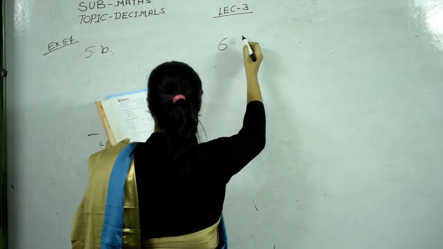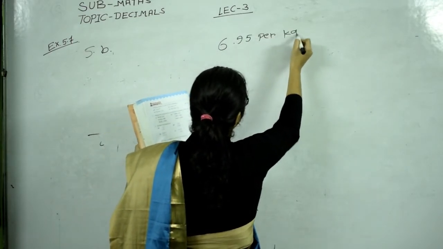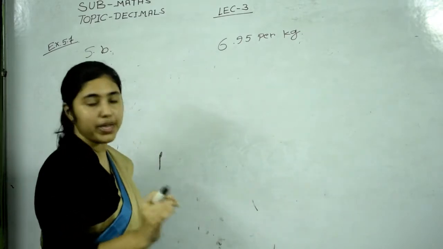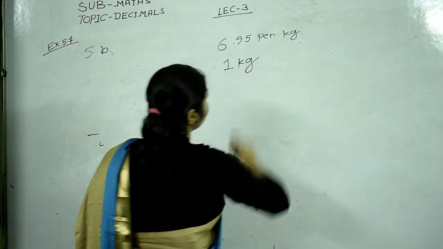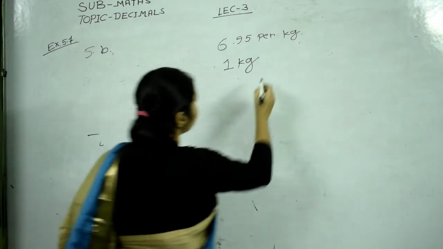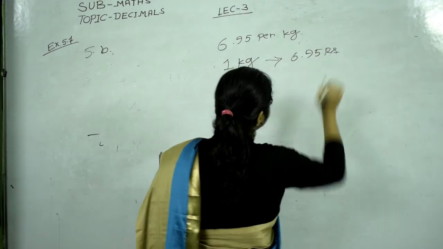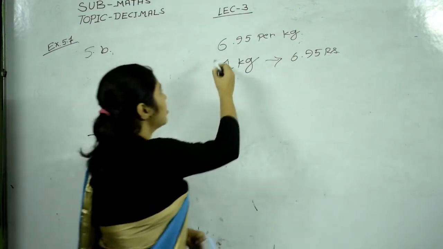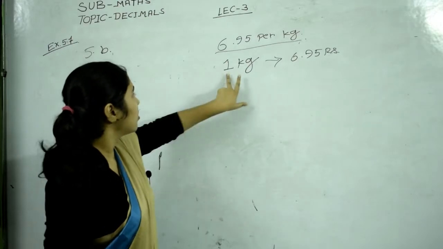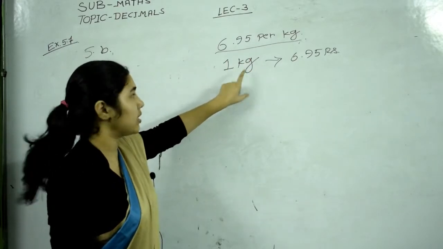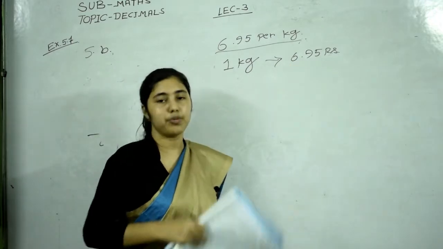So 6.95 per kilogram means the cost of 1 kg of coffee is 6.95 rupees. So the meaning of per kilogram is 1 kg.